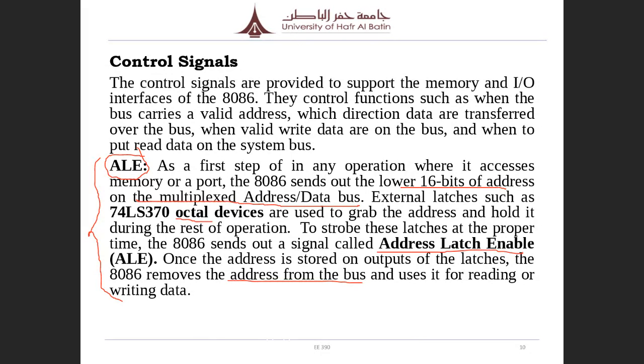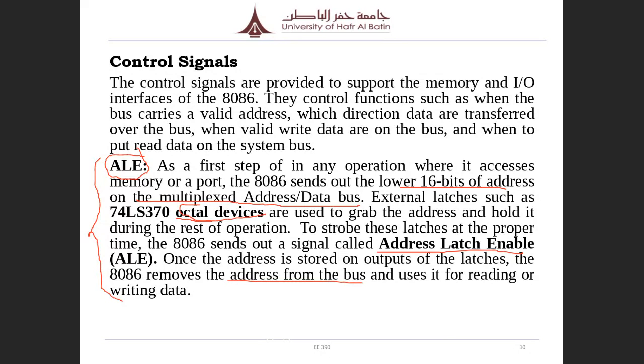So at the first step of any operation, whether it accesses memory or a port, the microprocessor sends out the 16-bit address on the multiplexed address and data bus. External octal latches are used to grab the address and hold it during the rest of the operation.